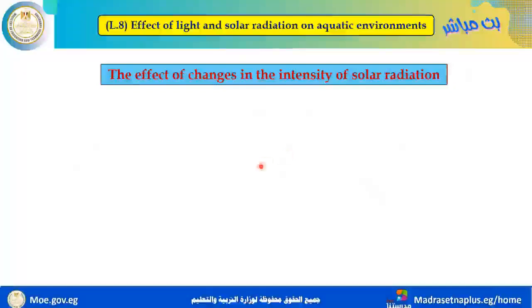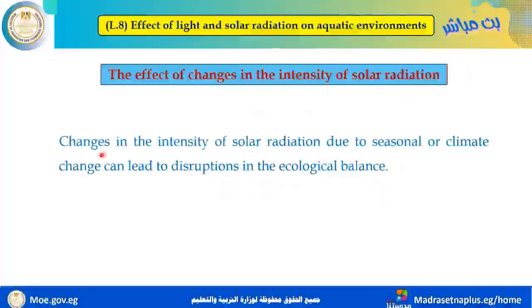Okay, and now the effect of change in the intensity of the solar radiation. If the solar radiation intensity changes, how will this affect the aquatic environment? Changes in the intensity of the solar radiation due to seasonal or climate change can lead to disruptions in the ecological balance.